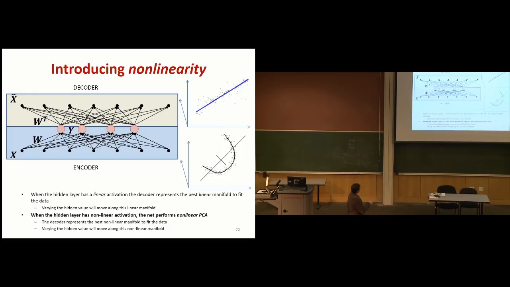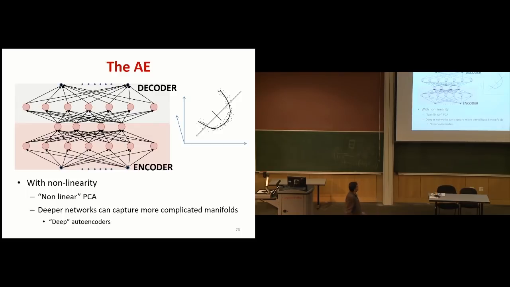So here, if I had a nonlinear activation over here, and this were my training data, the decoder is going to be able to reconstruct this black curve, and the encoder learns which point of the black curve any training instance is closest to. So the entire network learns the structure of the underlying data, and actually learns the principal manifolds. So what this network is doing is actually performing nonlinear principal component analysis.